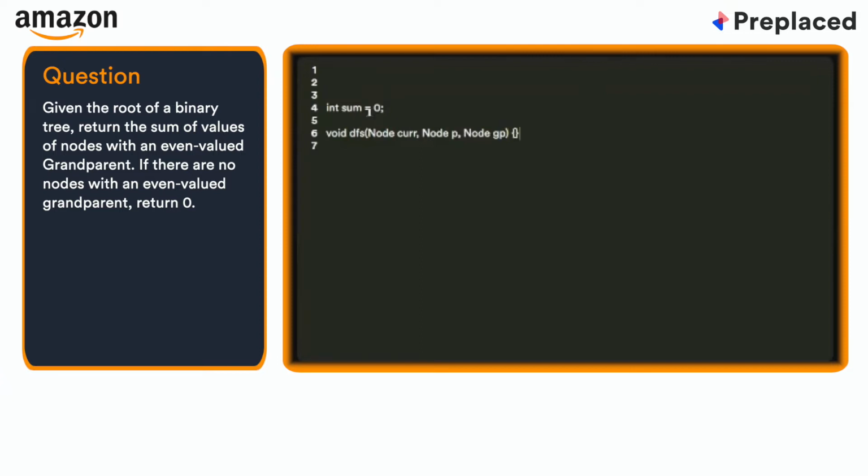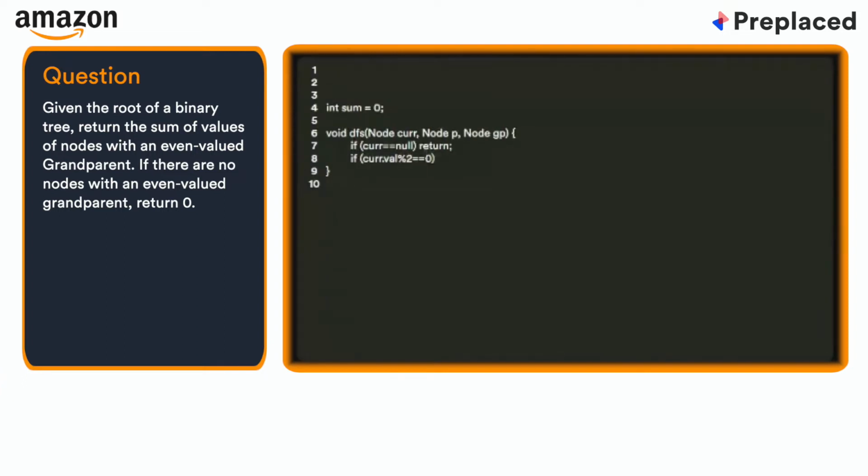Initially for the root node, parent and grandparent will be null. So now, if my current is null, I will be returning the call.